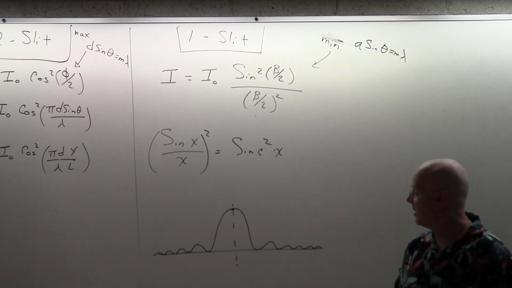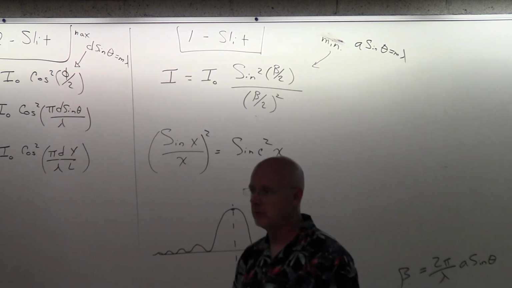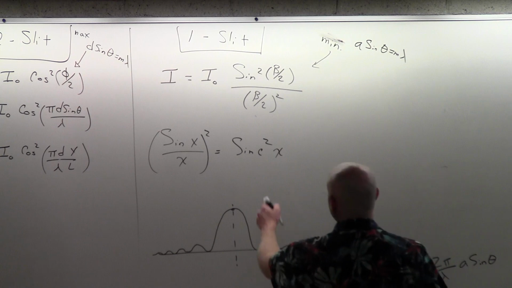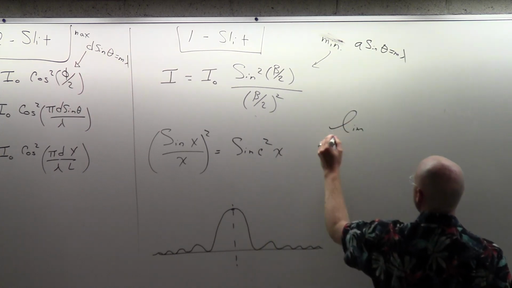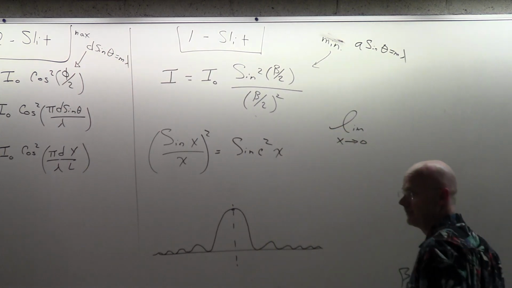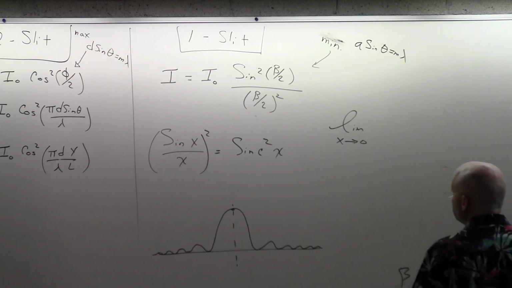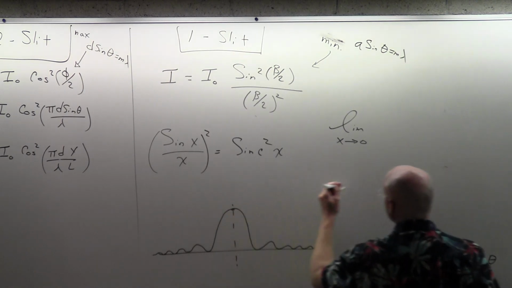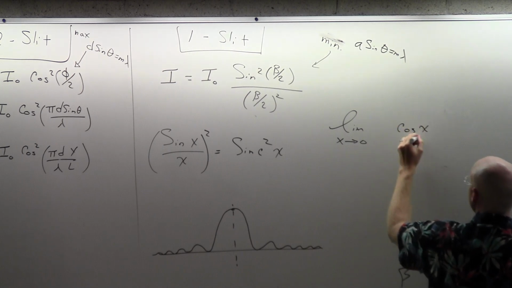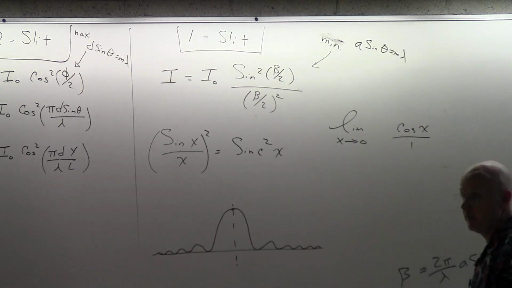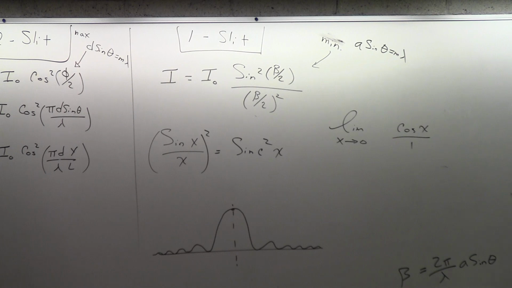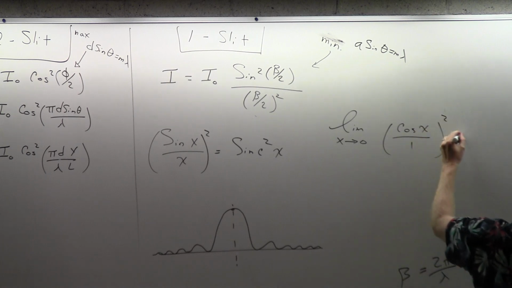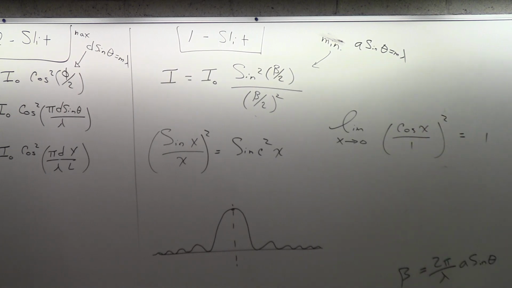And the last question is, what about right down the center? What about the limit of this as x goes to 0? Which would be the same if I take the derivative of the numerator and the derivative of the denominator. And that, I can take the limit, and it goes to 1.